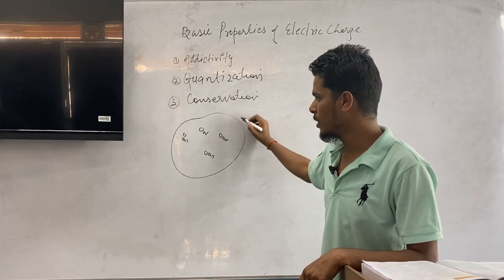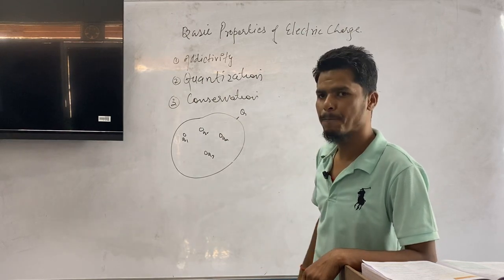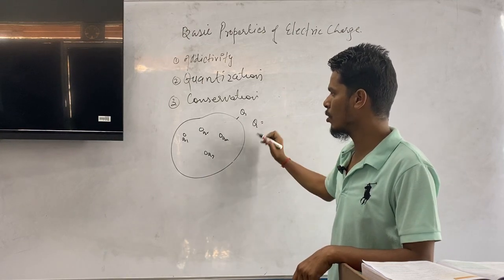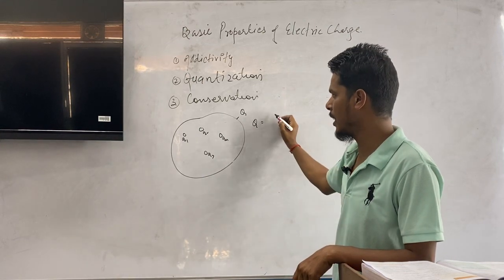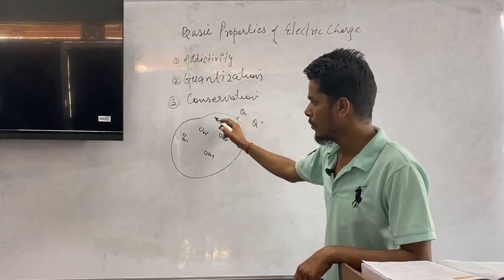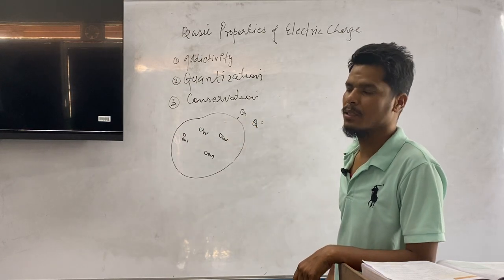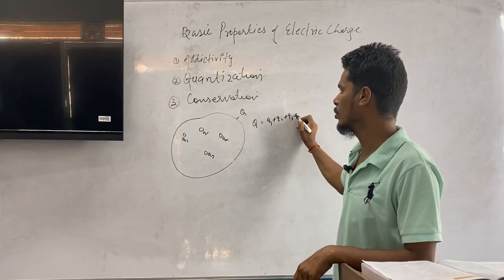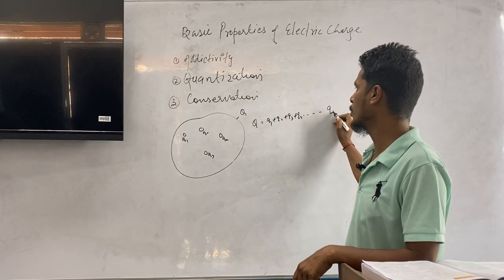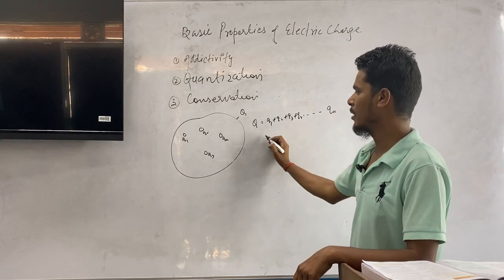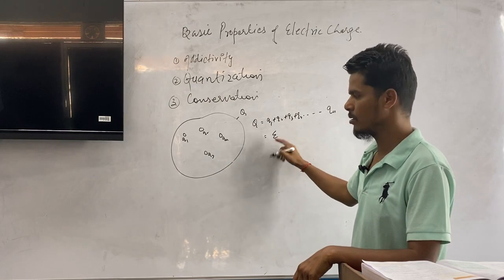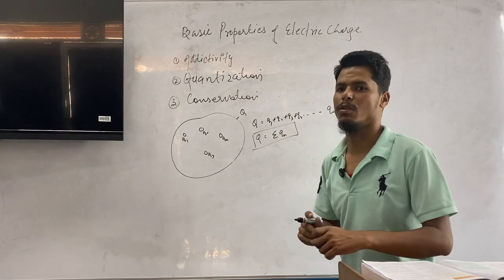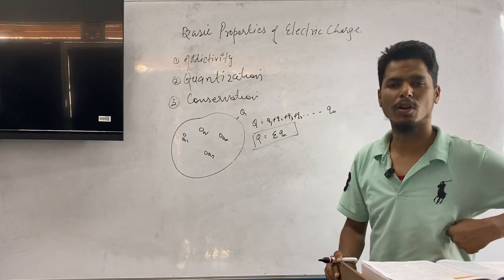And the isolated body's net charge is capital Q. So according to this property, the total net charge on this body will be the algebraic sum of charge on individual points. That means Q is equal to Q1 plus Q2 plus Q3 plus Q4, and so on up to Qn. So I can write this as sigma Qn. That's all. Got it, everyone?